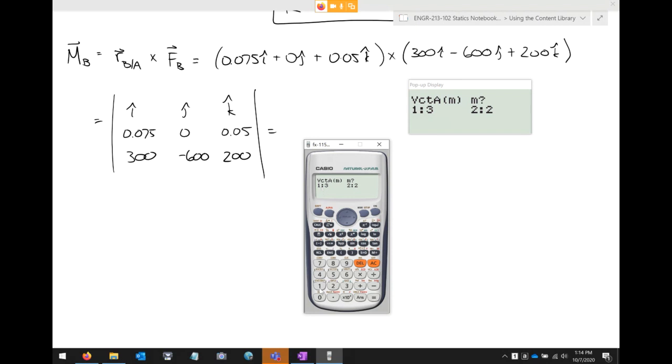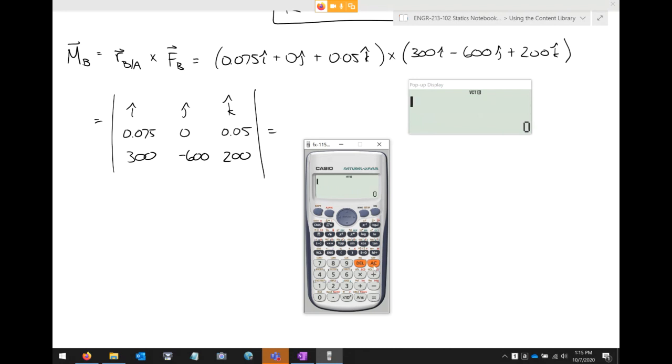We're going to say it's 3-dimensional, so we do option 1. And then we have our 3 values that we need to enter. So positive 0.075 equals, the 0 for the J, so 0 equals, and then for the K, that's 0.05 equals. Okay, and so there's my A vector.